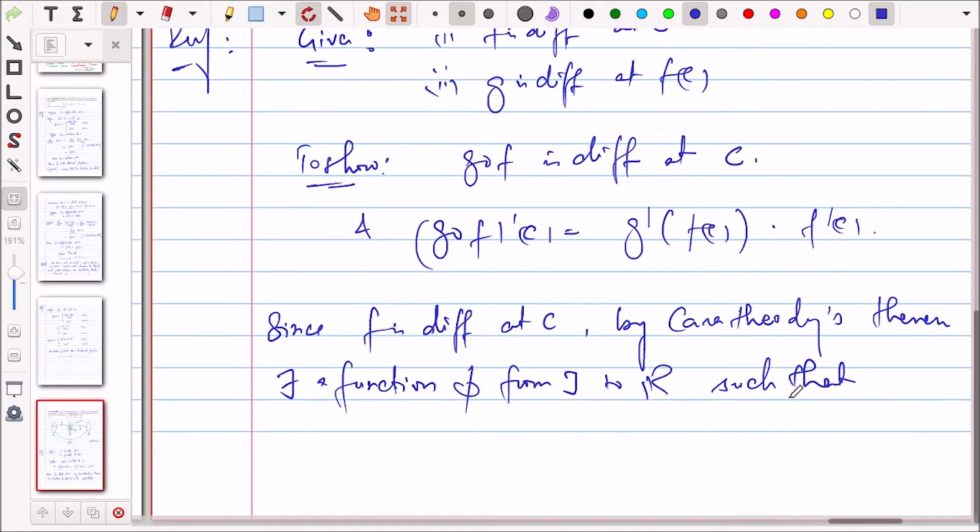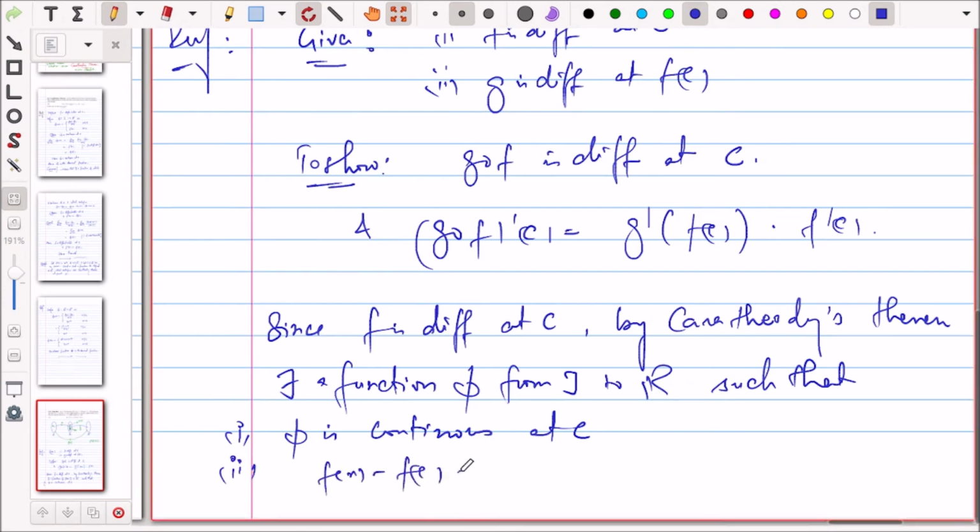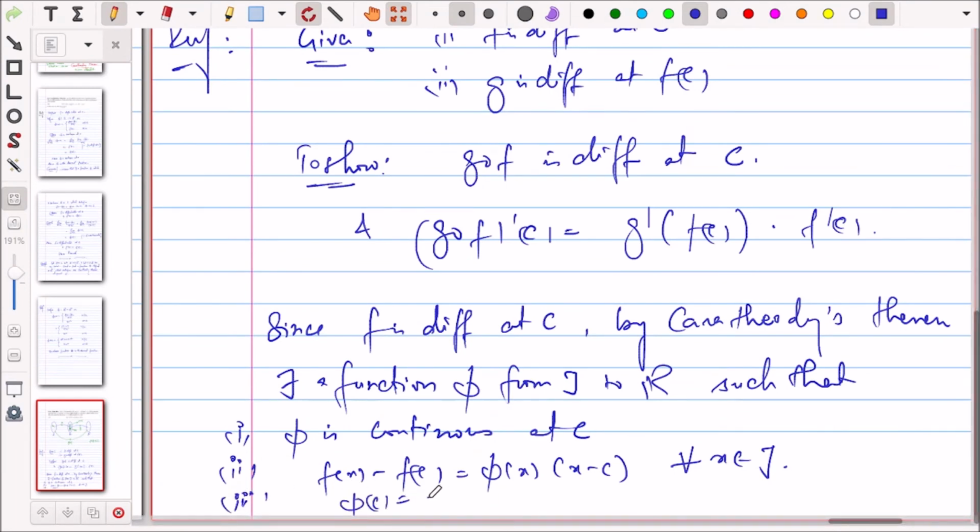First, phi is continuous at c. Second, f(x) minus f(c) equals phi(x) times (x minus c) for all x in J. And third, phi(c) is equal to f'(c), right? Yes, this is the Carathéodory theorem, that there will exist a function phi from J, the domain of f, such that phi is continuous at c, f(x) minus f(c) equals phi(x) times (x minus c) for all x belonging to J, and phi(c) should be equal to f'(c), right?